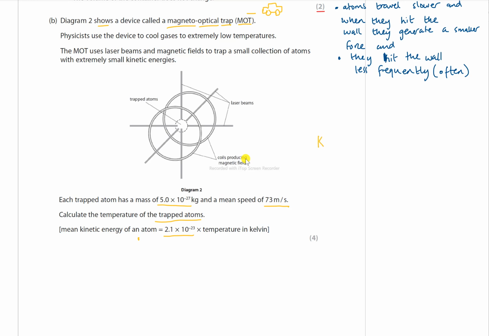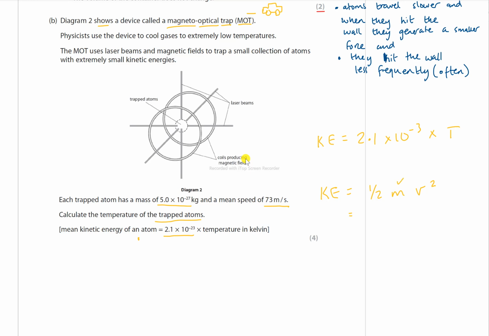So they're saying KE equals 2.1 times 10 to the minus 3 times the temperature. We know KE also equals a half mv squared. So we know that formula.